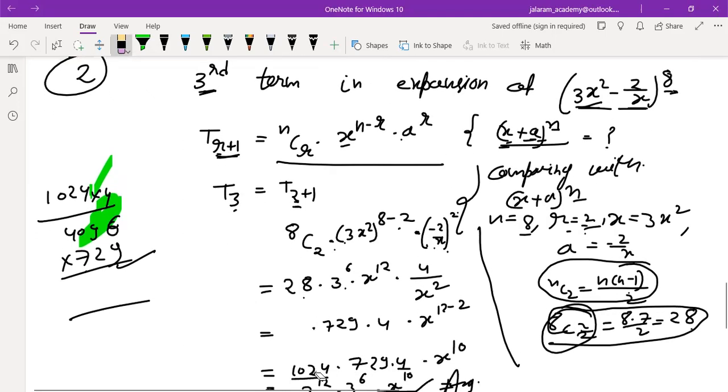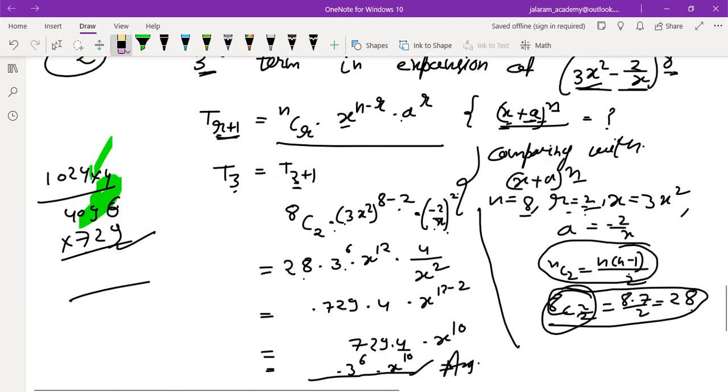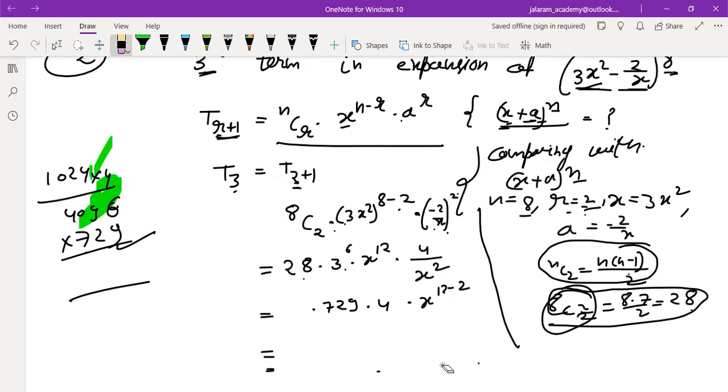It is 28 only. Twenty-eight fours are 112, into 729 into x to the power 10.